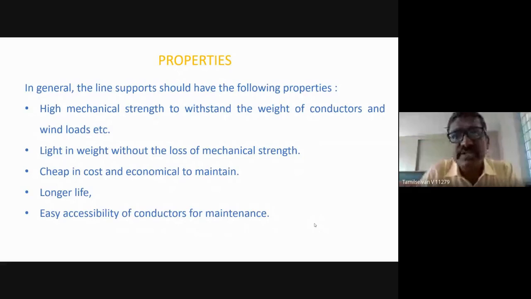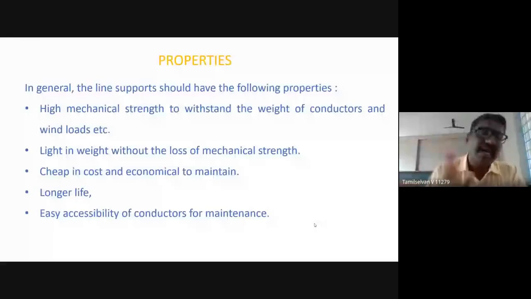The fixed cost means the initial investment for generation and the initial investment for transmission and distribution. So it means the ROW, right of way.